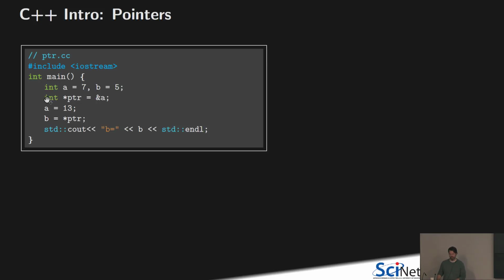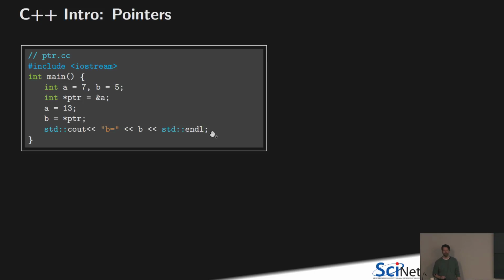Liberal with spaces. So int star pointer is to point at A. So it takes A and finds where it lives in memory and stores that in ptr. So ptr is the name of this variable. I'm assigning A the value 13, so it's no longer 7. And then I'm assigning to B the star of pointer. So pointer is the address, star is getting the content from pointer and putting it in B, and then I'm printing this out. So what am I printing out?